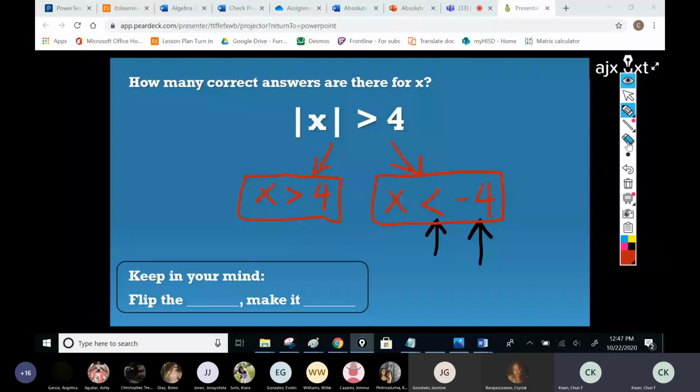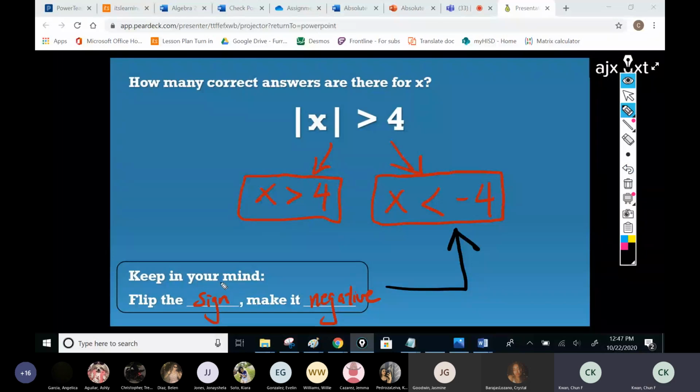All right, so now I want you guys to memorize it. Keep it in your mind. Flip the sign and then make the number negative. Whenever you are trying to get the negative version of the answer, you have to flip the sign and then make the number negative.